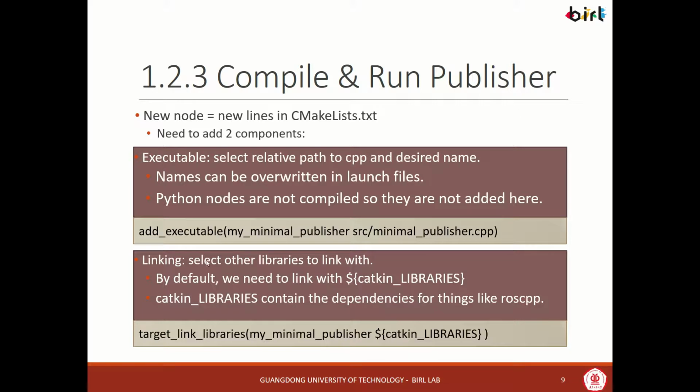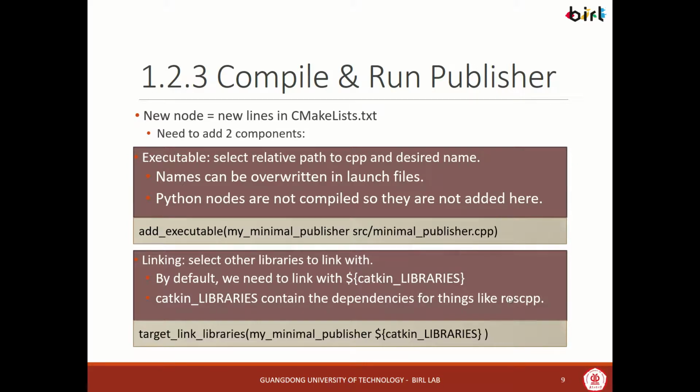So here is where we select what libraries we need to link with. Now by default, this will always happen. We need to link with catkin libraries. What is catkin libraries? Well, catkin libraries will contain all the ROS dependencies for things like ROS CPP or ROS Python, or even some dependencies for messages.